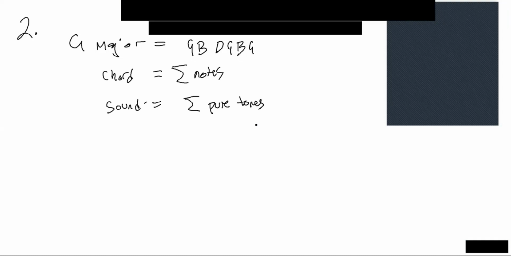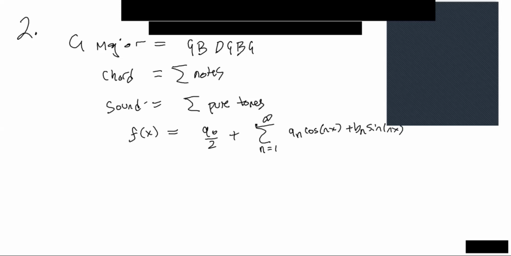And that's really what this formula is saying. Suppose you have a periodic function, then the Fourier convergence theorem is telling you that this is true. And that really is the same thing. It's decomposing a complicated sound into some very simple sounds that are cosines and sines.